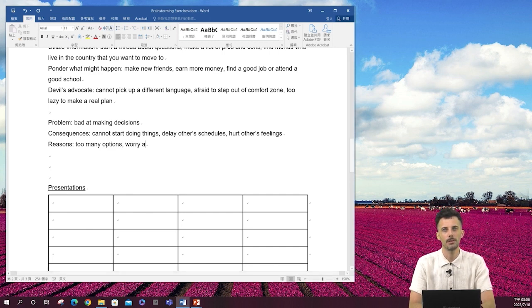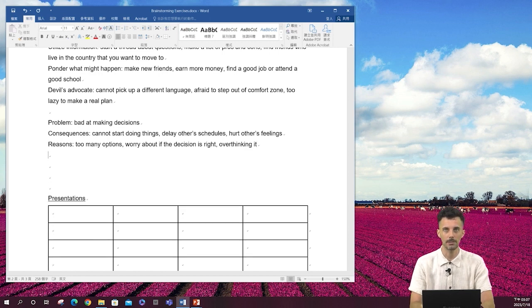Worry about if the decision is right. Okay, decision is right. And overthinking it. Okay. All right. So we know why people can be bad at making decisions.